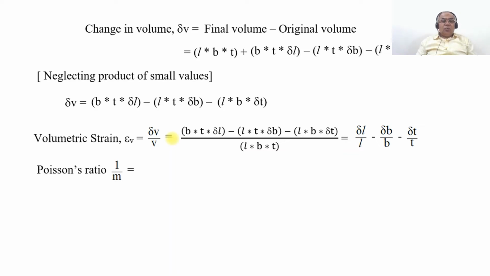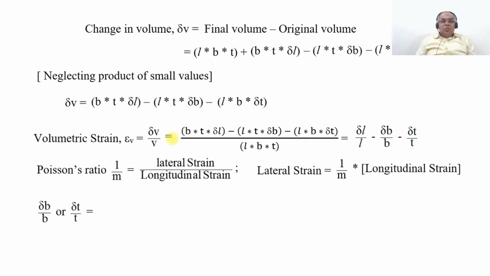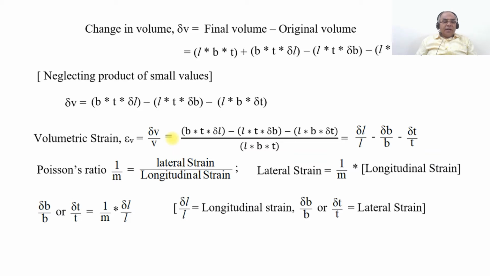So what is the Poisson's ratio? Well, the Poisson's ratio is lateral strain by the longitudinal strain. What is the lateral strain? 1 by m into the longitudinal strain. Lateral strain, delta B by B or delta T by T, will be equal to 1 by m into delta L by L. That means either delta B by B is equal to 1 by m into delta L by L, or delta T by T will be equal to 1 by m into delta L by L. So where delta L by L is the longitudinal strain and delta B by B or delta T by T will be lateral strain.